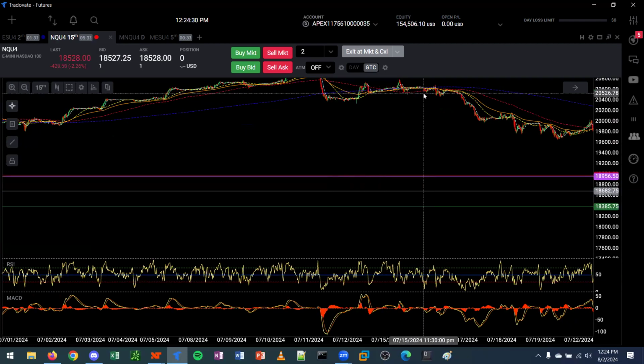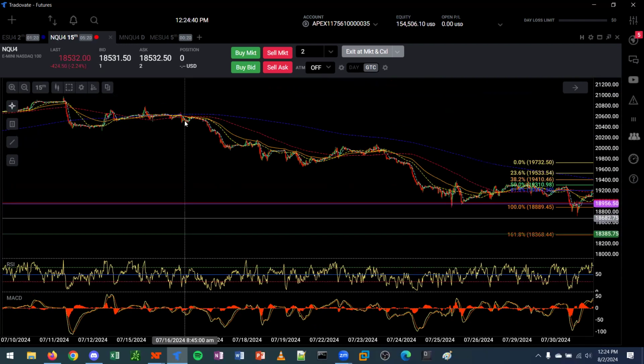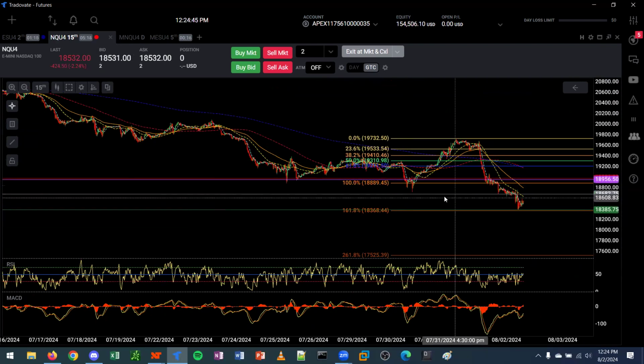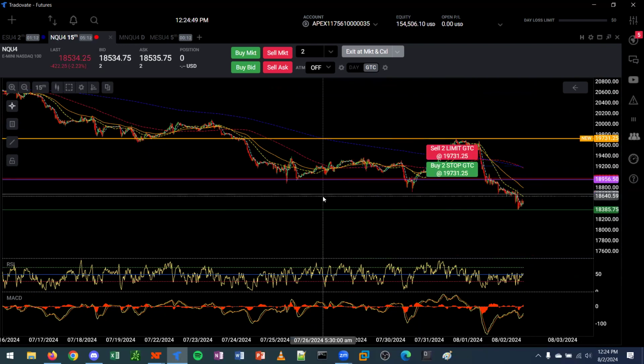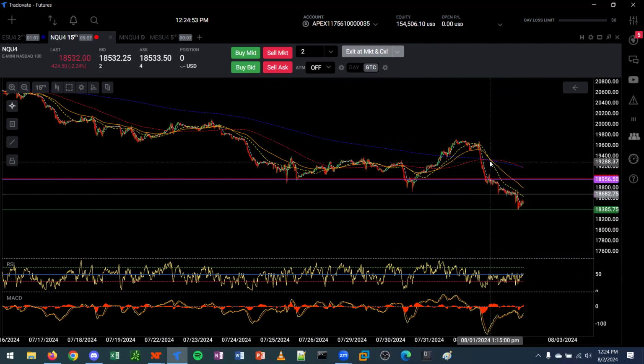And then we finally go sideways for a day or two, maybe 3 days right here. And then we break. And then from the 16th, even now, we cross above it right here.